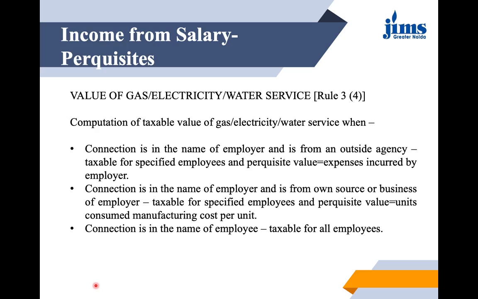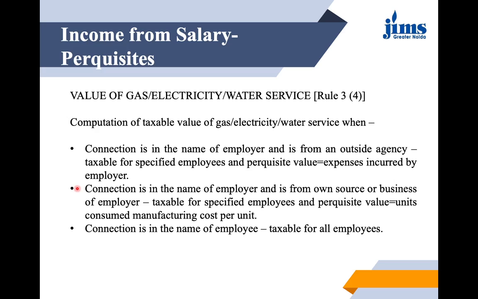Then next comes the value of gas, electricity, water services provided to the employee. Let us see the taxable value of these. When connection is in the name of the employer and is from an outside agency, it is taxable for specified employees, and the perquisite value will be equal to the expenses incurred by the employer. Second, connection is in the name of the employer and is from their own source or business of the employer.